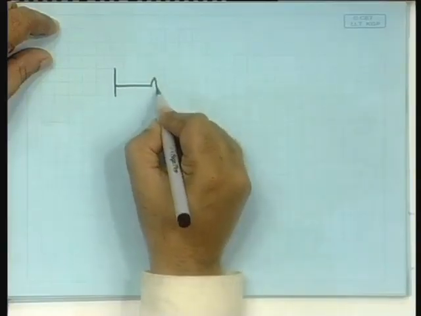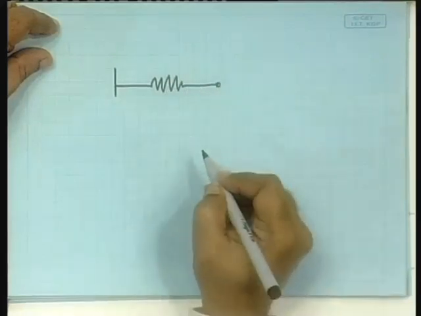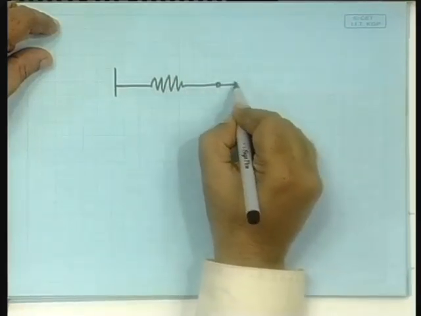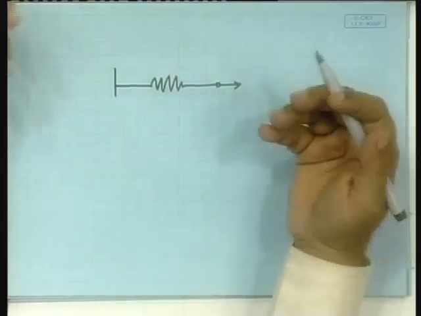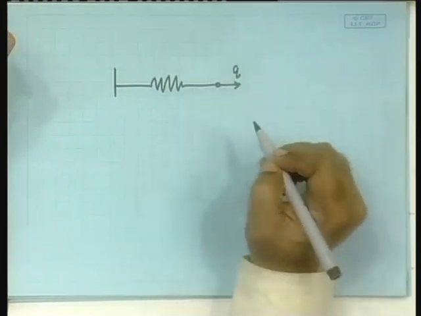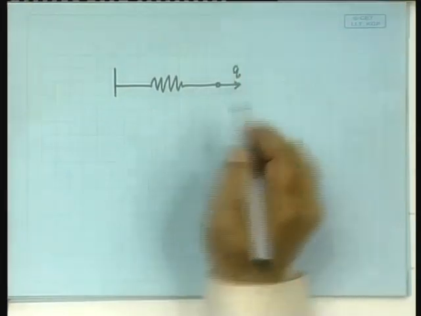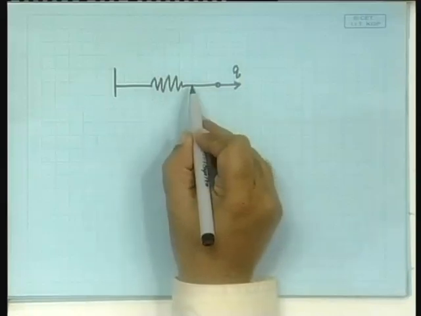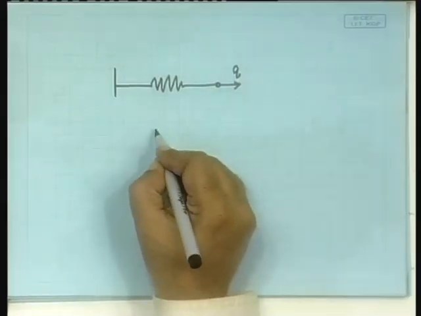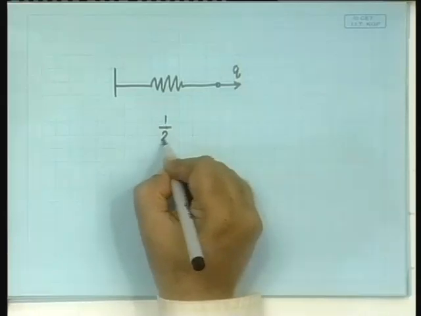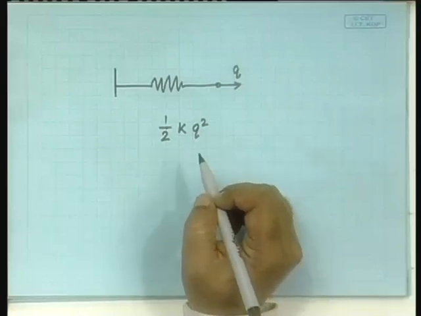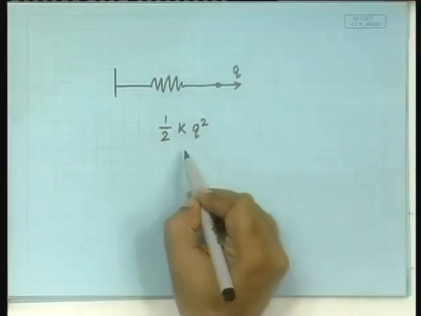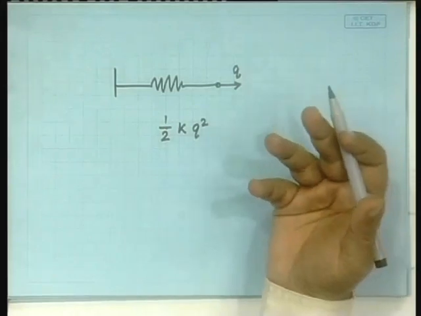Now, suppose you have a spring and this end is being pulled, and from the unstretched position it has been pulled by an amount q, which is the position coordinate. Then what is the energy stored in this? So, the energy stored is half k q square. Now, notice that this has the form of the potential energy. Why?